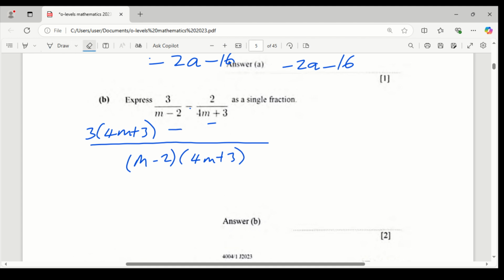Then this denominator into the common denominator enters m minus 2, then you multiply by 2. So we are going to get 2(m - 2).